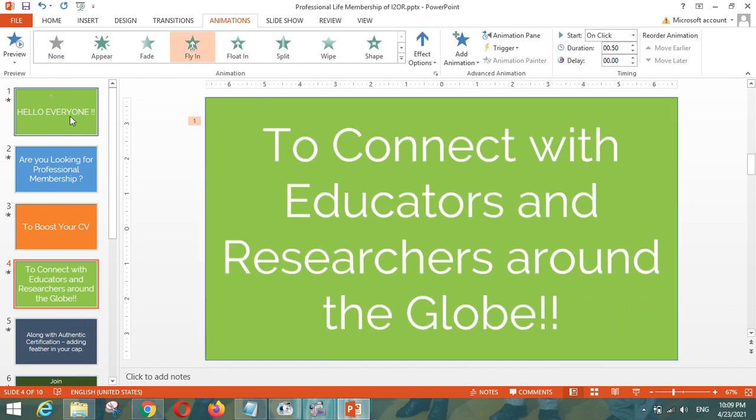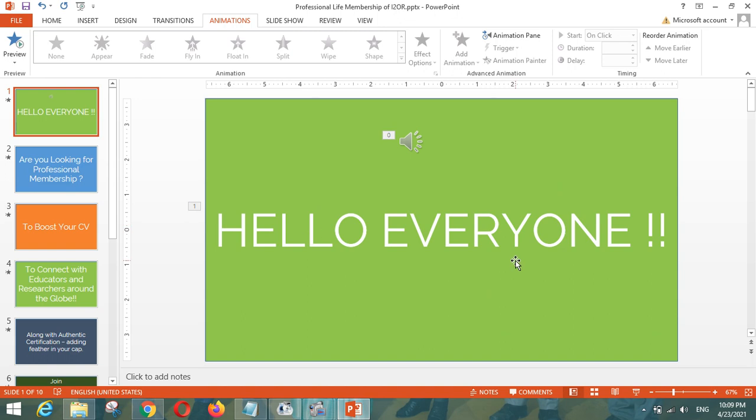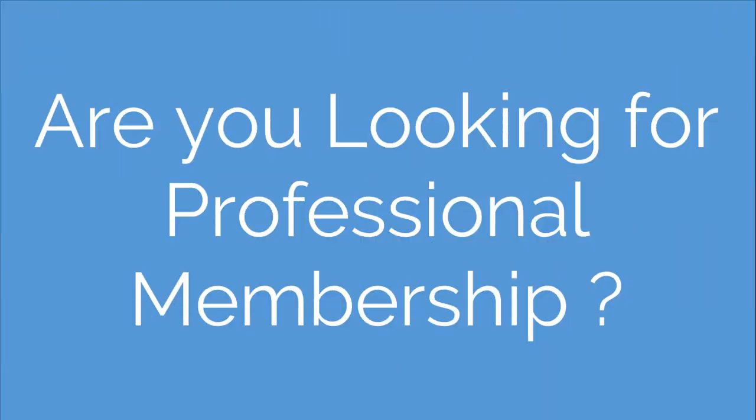So let us now do the slideshow and see how our selected animation style is going to appear. I am going to click on this button, that is slideshow. So here you can see that animation is there. This was my transition, and this is how my text is going.